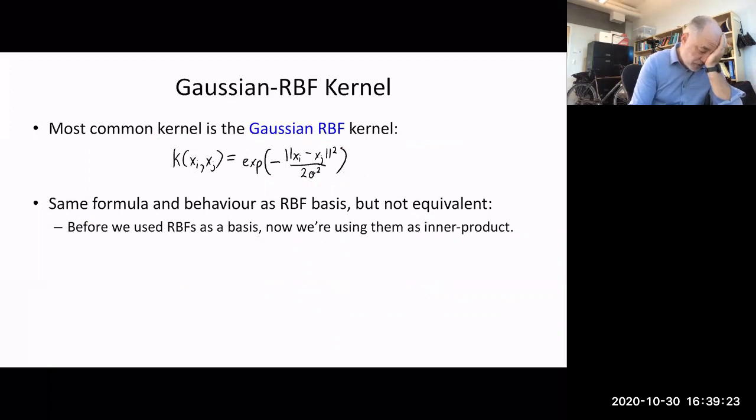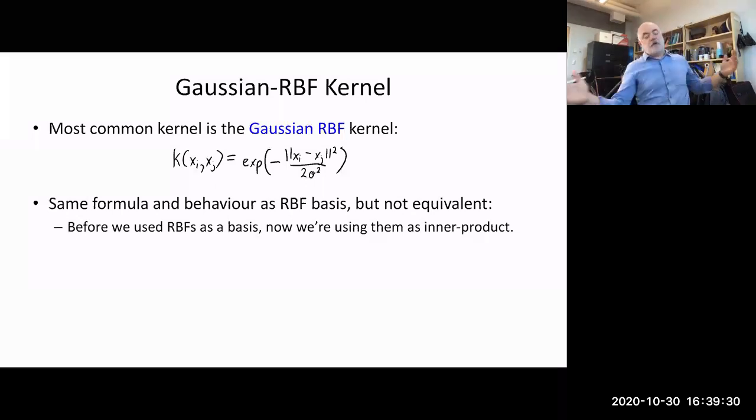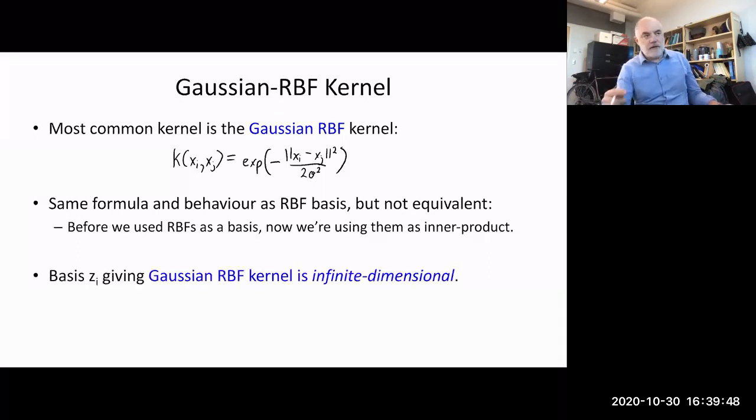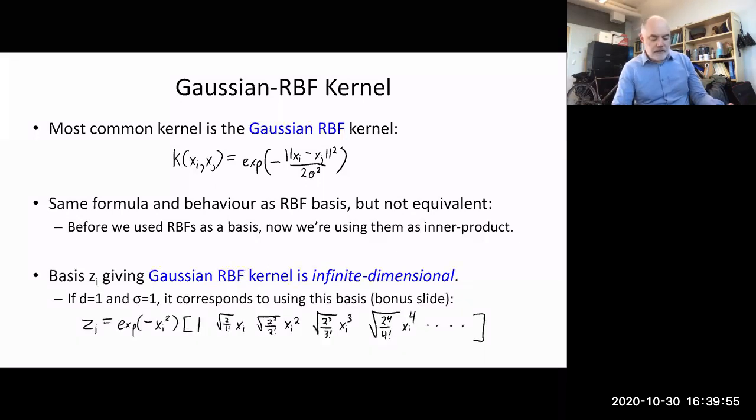The most common kernel that people use is the Gaussian radial basis function kernel. It's the same formula and has some similar behavior to the radial basis function basis, but it's not equivalent. Before we used radial basis functions as the basis, but here we're using them as an inner product. And the fun thing about this is that the basis it corresponds to is infinite dimensional.